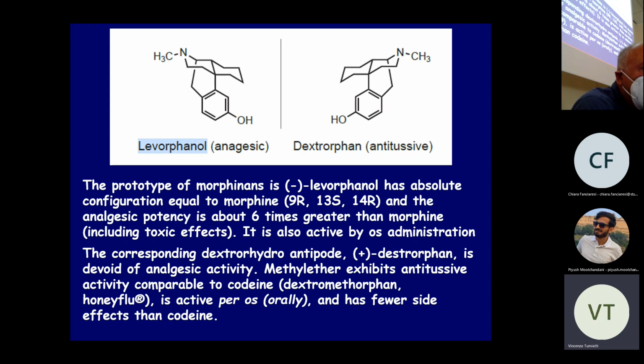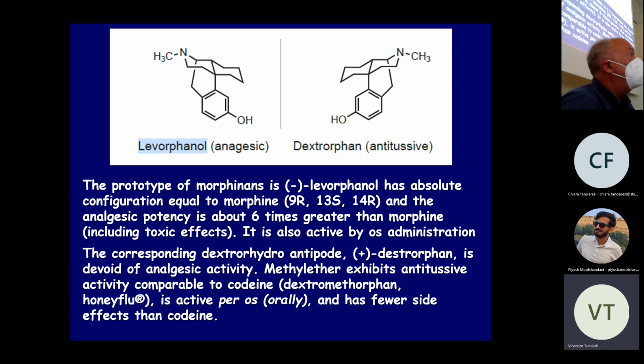It has fewer side effects than codeine. So instead of codeine, it is better to use dextromethorphan if we want to stop the cough. We stop only the symptom, not the cause.